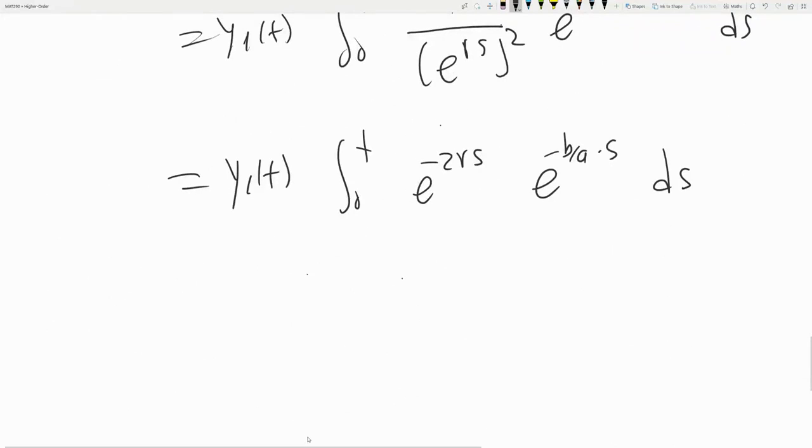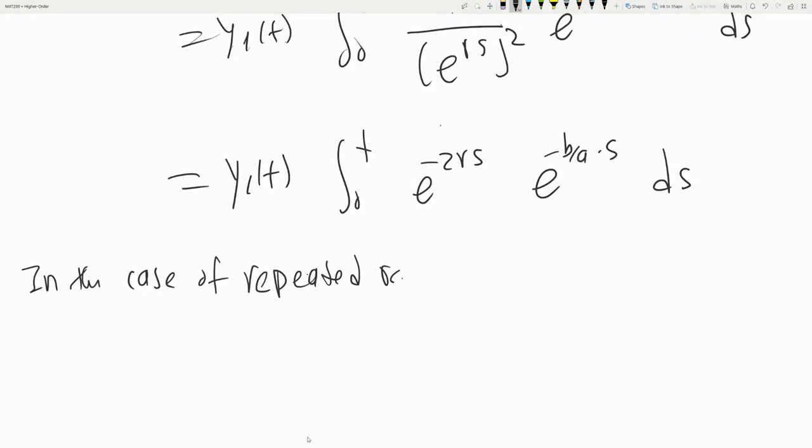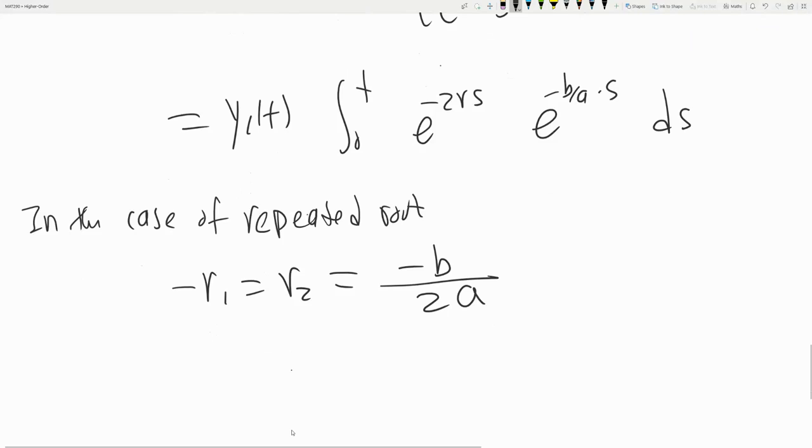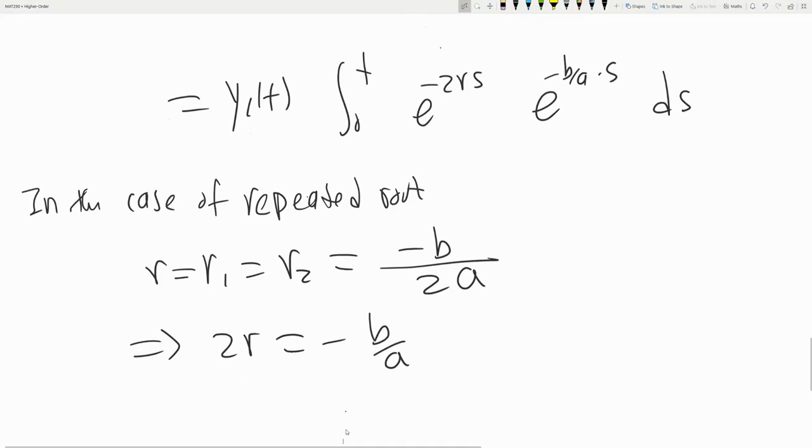So in the case of repeated root, r_1 is equal to r_2 is equal to minus b over 2a. And so 2r is equal to minus b over a.